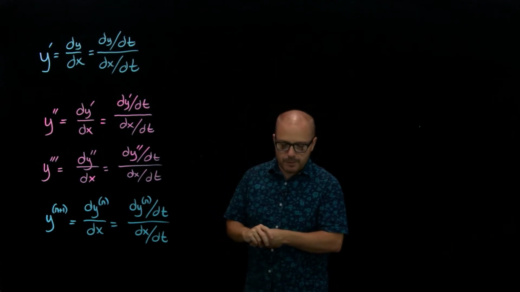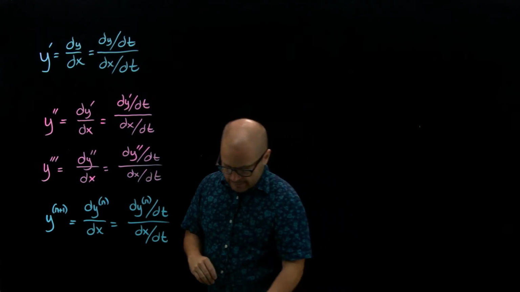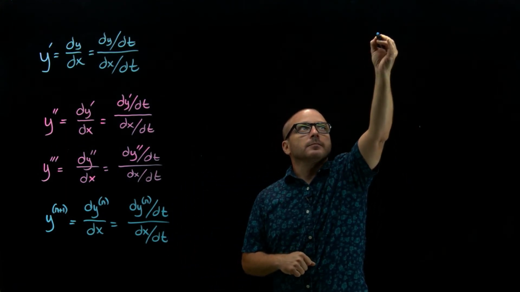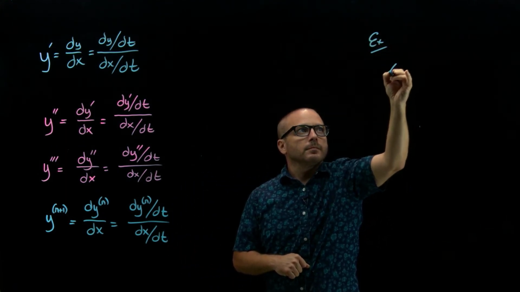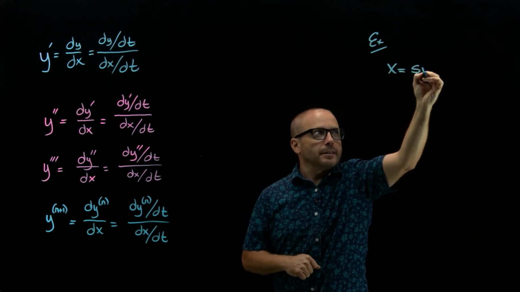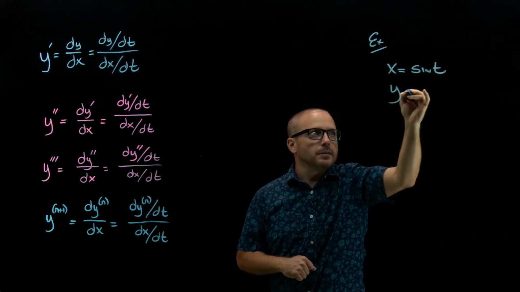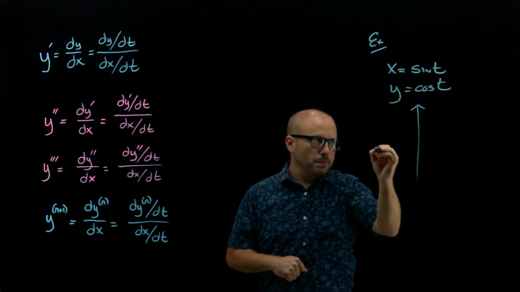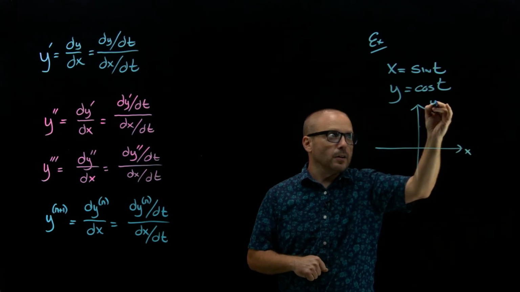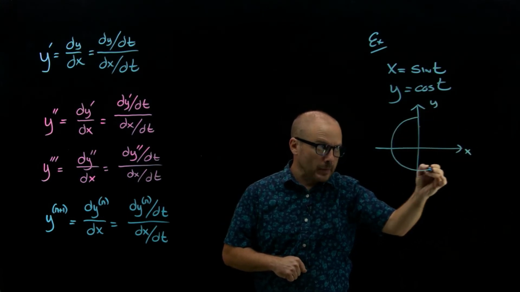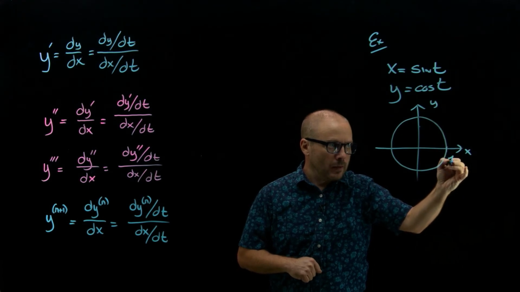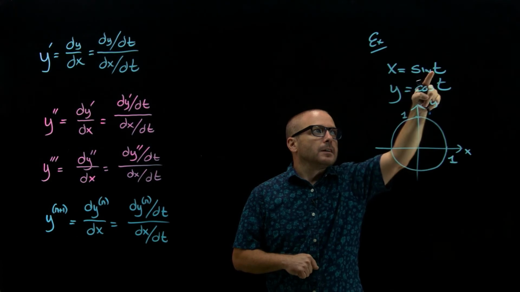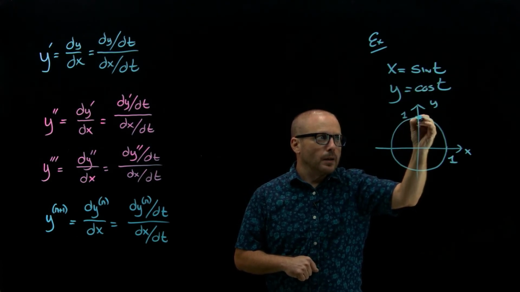So let's do an example. Say we had one of our circles: x is sine t, y is cosine t. Maybe sketch a picture here. Remind ourselves, that's a circle centered at the origin, radius 1. And at time 0, x is 0, y is 1, so you're right here, right?